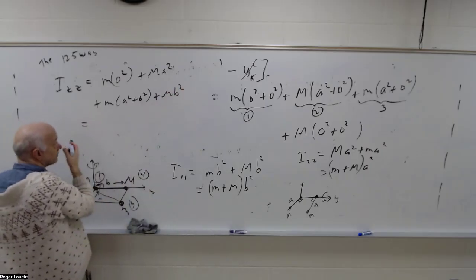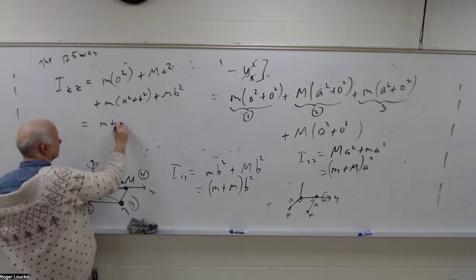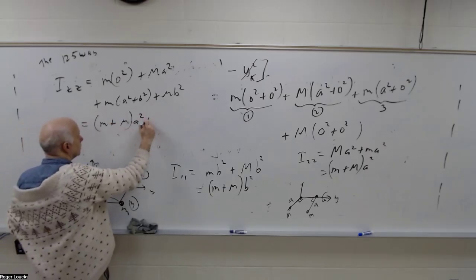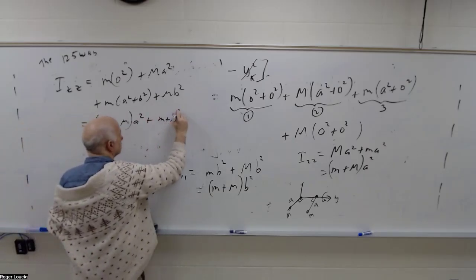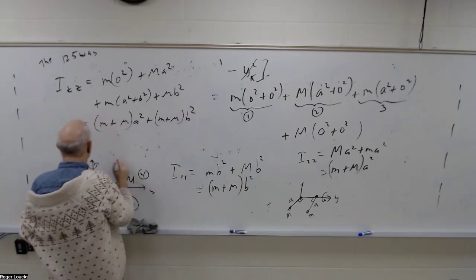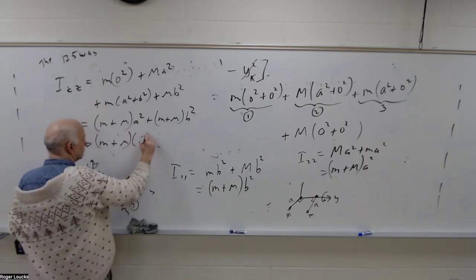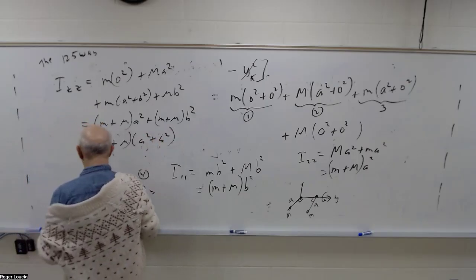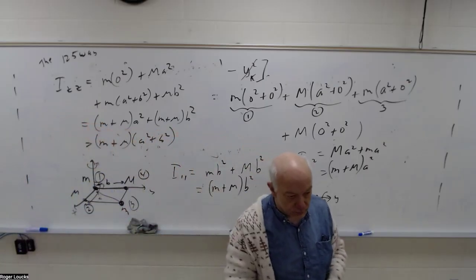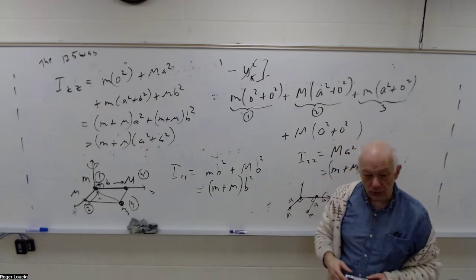So what does this give me? This gives me little m plus big M A squared, or little m plus big M A squared plus B squared. Now that's what you do in 125.